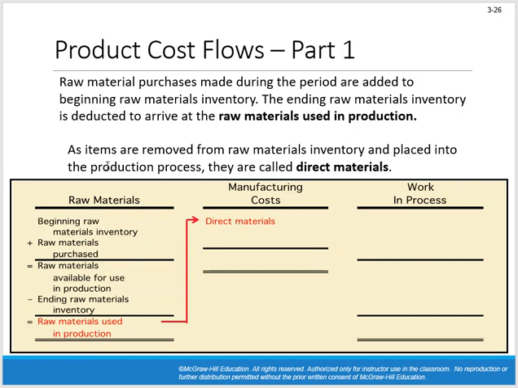So we have to be able to account for our materials and understand where they've gone. So you take the beginning plus what you purchased, and you get your total raw materials available for use. And then at the end of the period, you look at how many you have left, and anything that's not there must have been used. So that's our raw materials used in production, and that should equal our direct materials that goes into manufacturing costs.